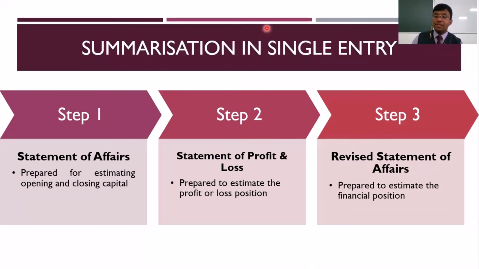In double entry system, remember, we prepare the trading account and profit and loss account as a part of the income statement. That is what this would be equivalent to. The third step, the revised statement of affairs, we prepare to understand the financial position of the firm. This third step would be equivalent to the balance sheet that you prepare. So this is how we go about with the summarization in the case of single entry system.